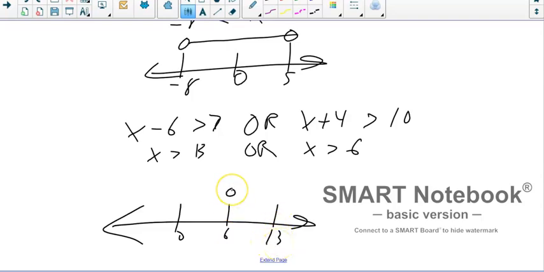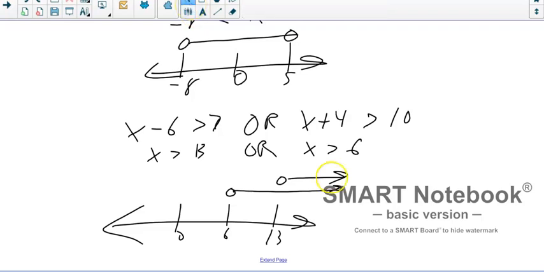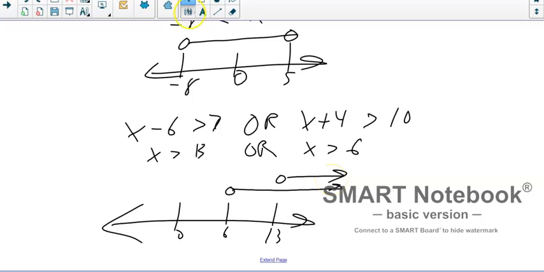This says greater than 6. This says greater than 13. So if you think about it in this case, this arrow is really included in the x is greater than 6. So x is greater than 6 covers both. So that's our answer.